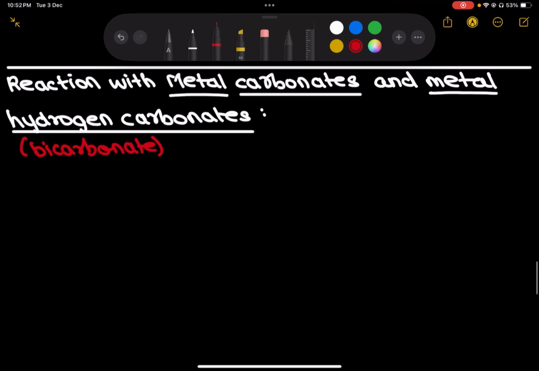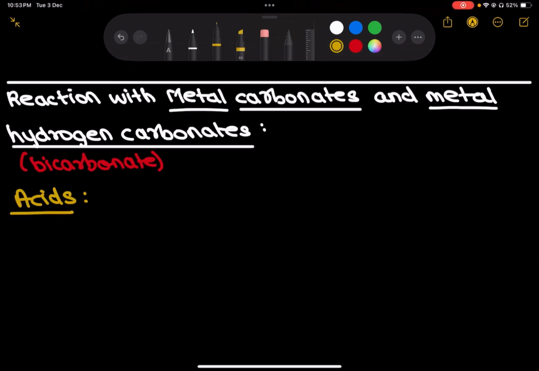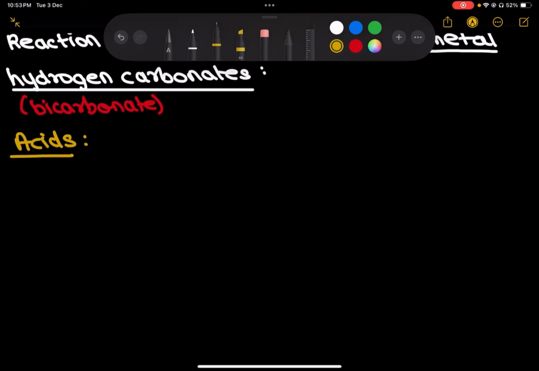So first we'll see acids, correct? So for acids, see what happens, right? So acid plus metal carbonate or metal hydrogen carbonate, or I'll write bicarbonate for short, right?